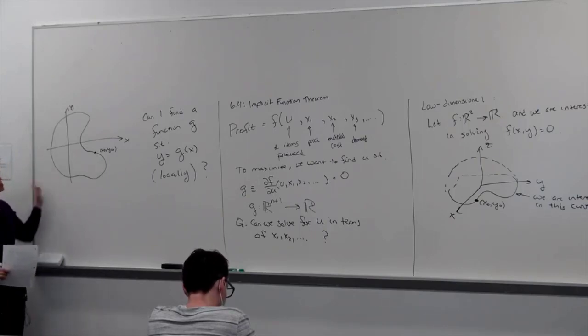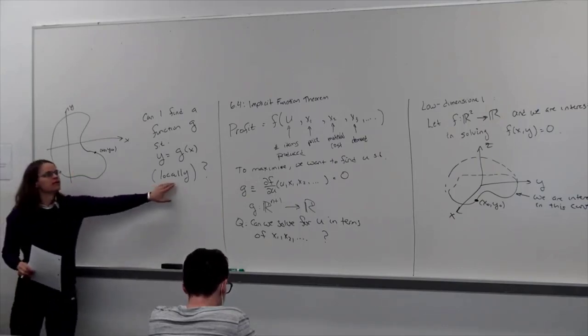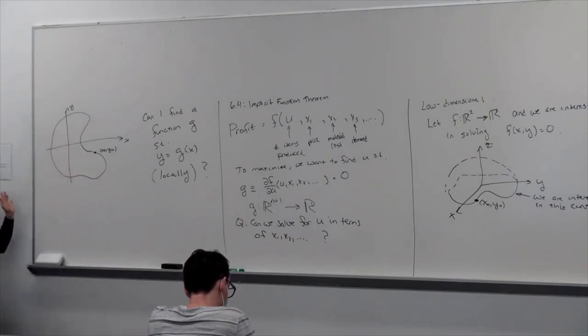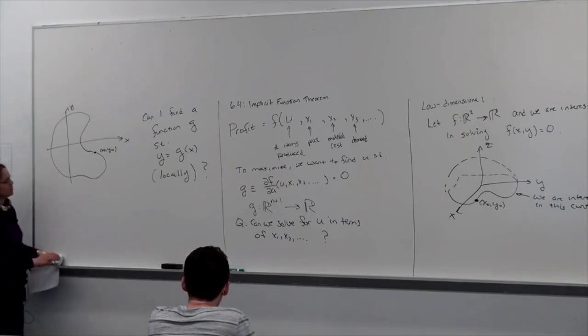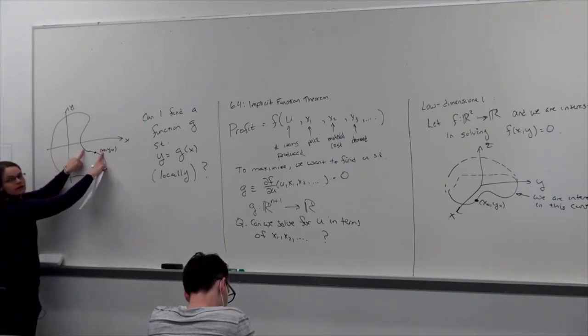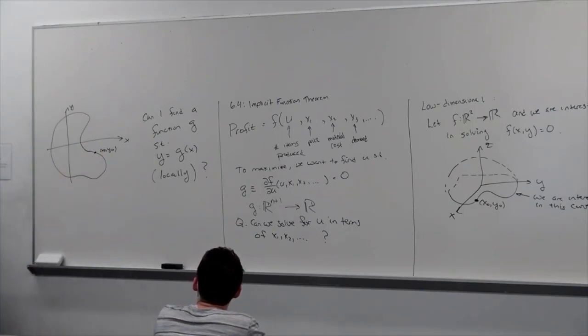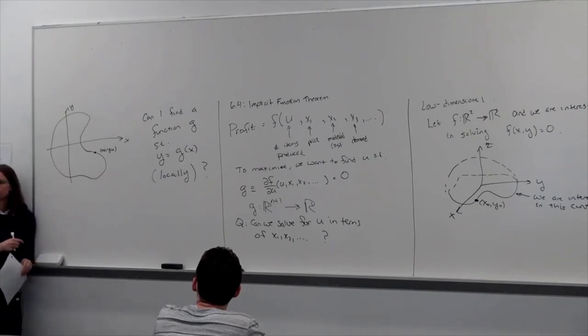Okay, I think it should be clear from the picture, I hope, that at least locally is important. I'm not going to express this whole entire curve as a graph. It's not a function. But locally, maybe we can do it, right? If we just zoom in on a little window here, that looks like a graph. So the question is, can I do it, and when can I do it? So can I do this for any choice of x naught, y naught?